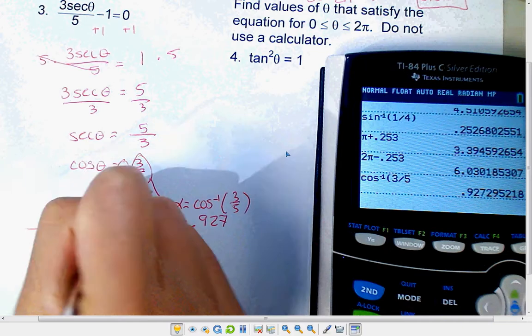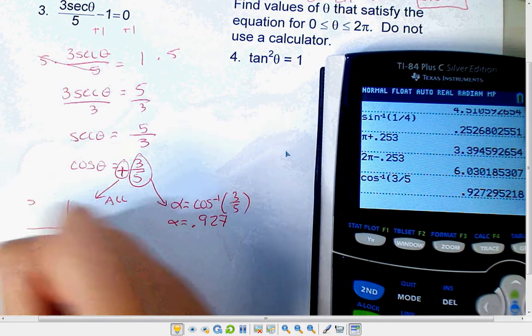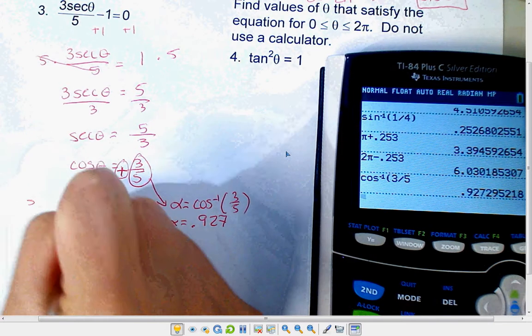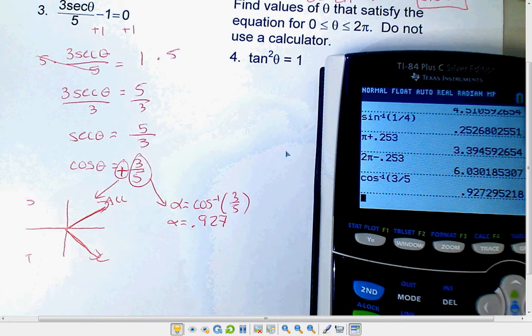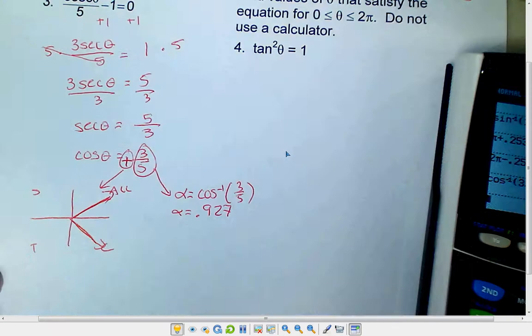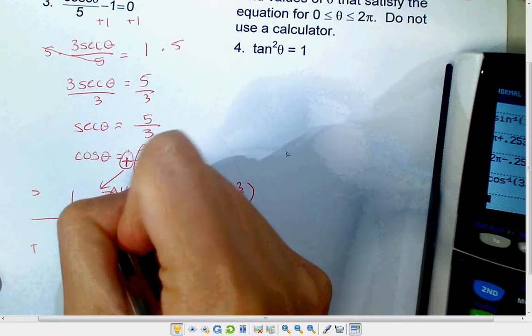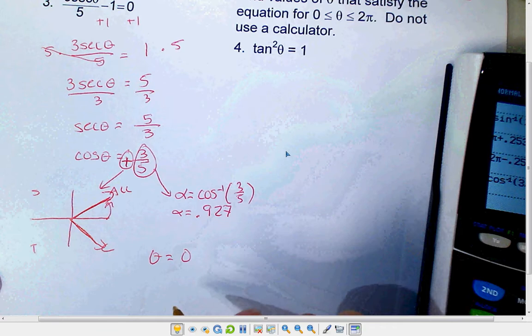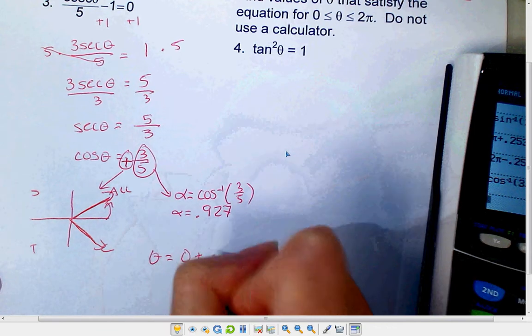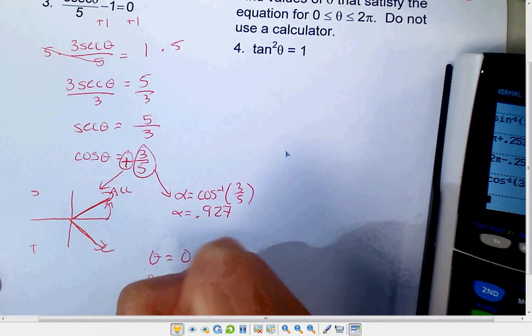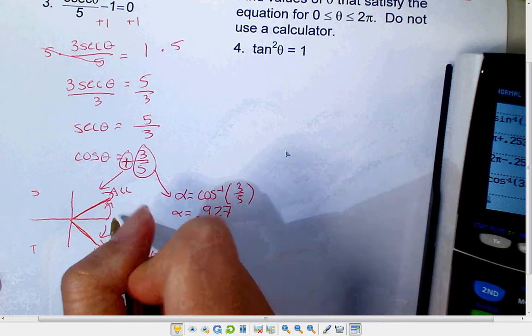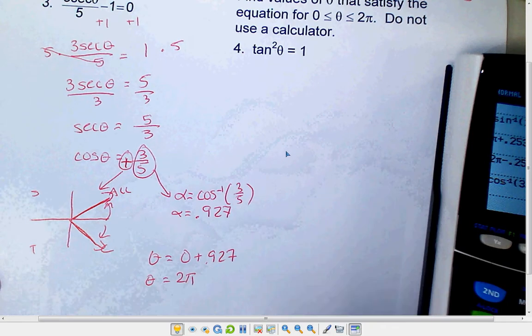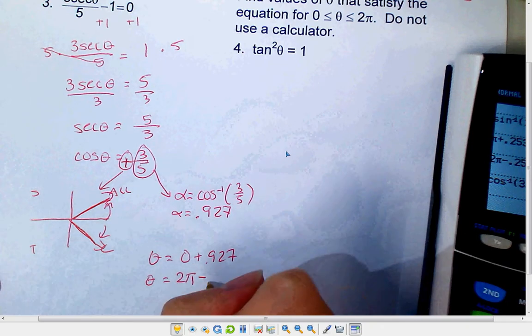And because cosine is positive, it's going to be in the first and the fourth quadrants. So in the first quadrant, we're starting at 0 and increasing, so we're going to add 0.927. In the fourth quadrant, we're starting at 360 or 2 pi and subtracting 0.927.